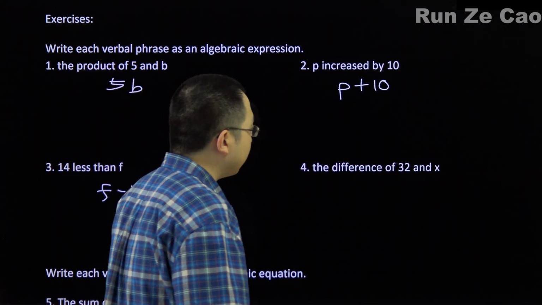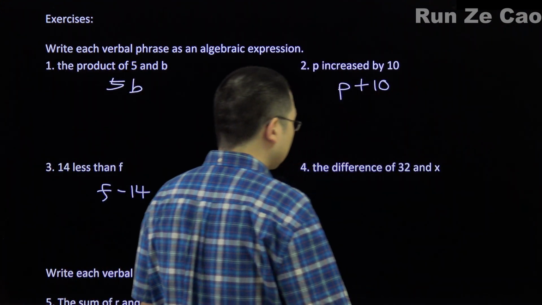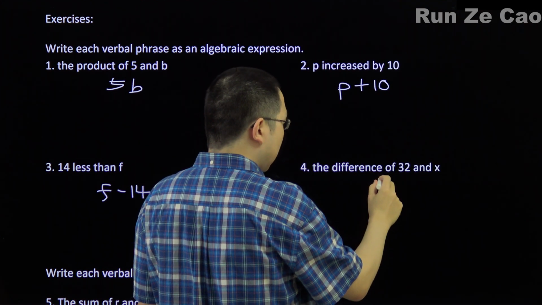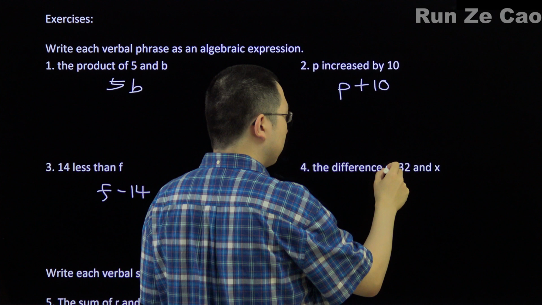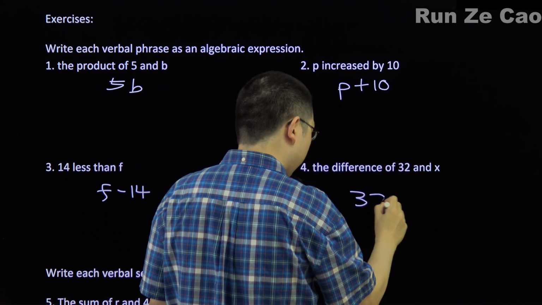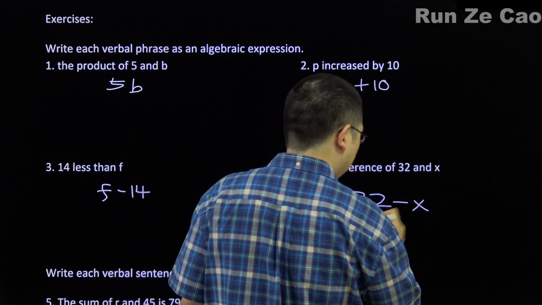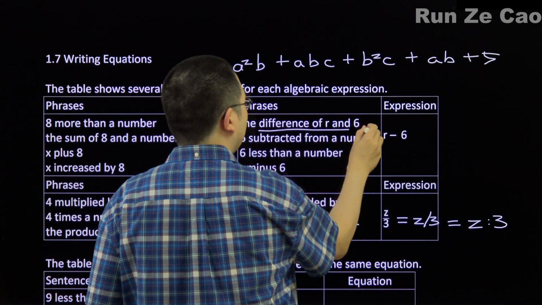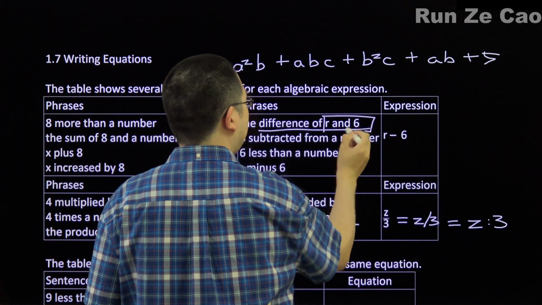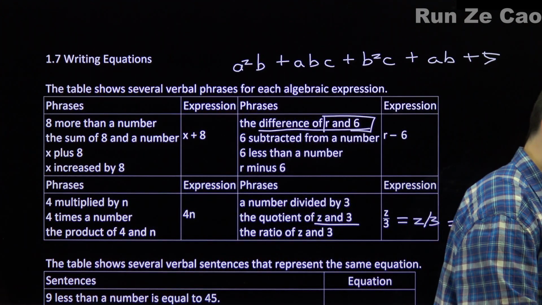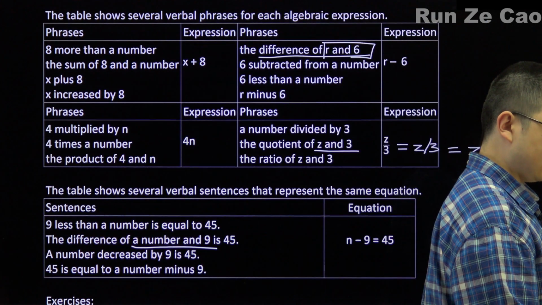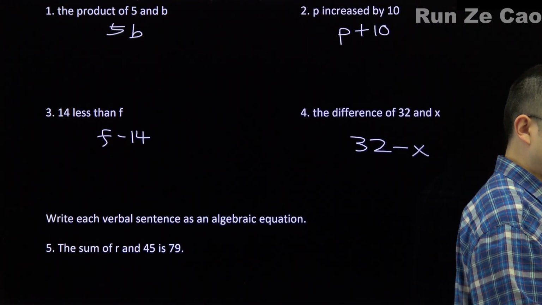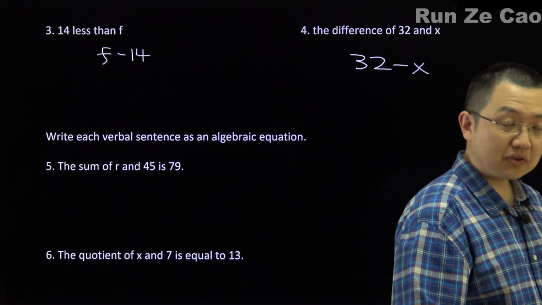The difference of 32 and X. Well, the difference of, and then you go, the first item you write down, and then minus X. That's why the order here matters. The difference of R and 6 is R minus 6, whereas the difference of 32 and X is 32 minus X.